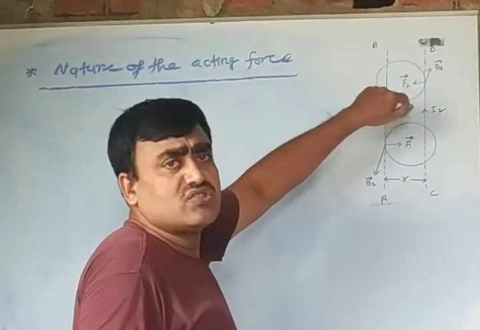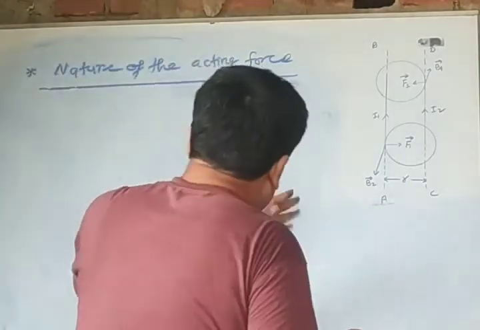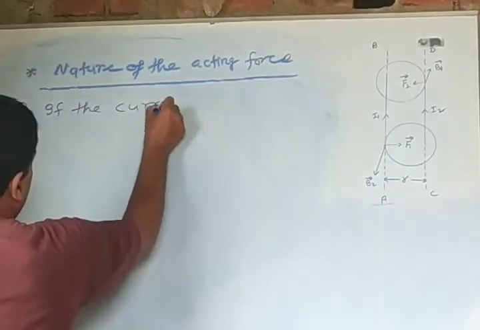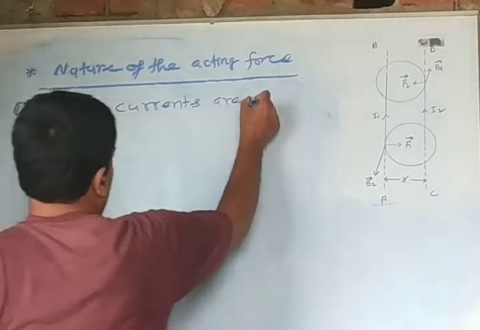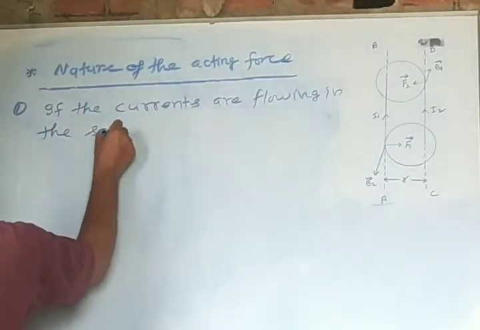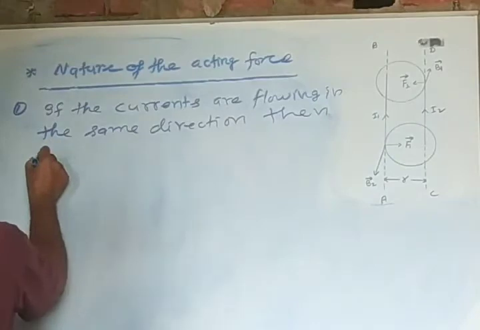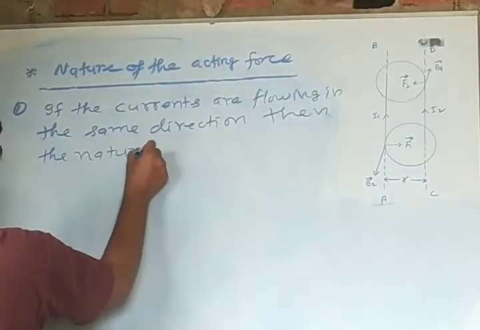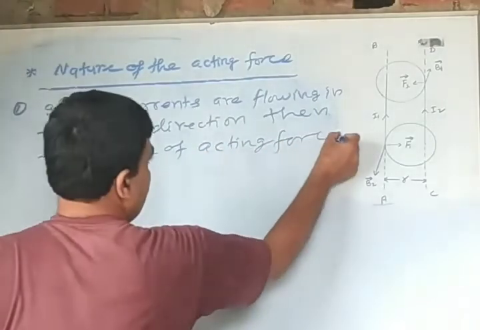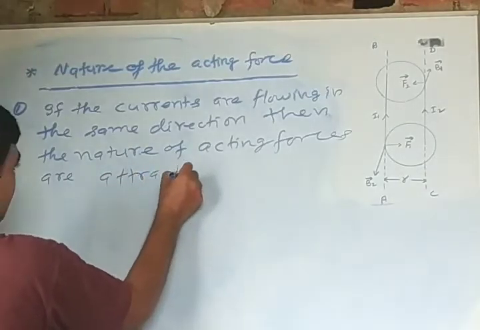When we apply Fleming's left hand rule, we found that if the currents are flowing in the same direction, then the nature of acting forces are attractive.